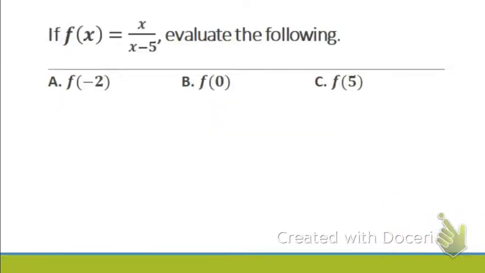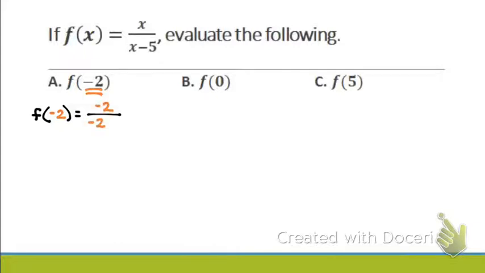I want to do some evaluating. What are they asking me to do here on part A? What does that mean? Negative 2 is part of the function. Insert -2 for x. Yes, we're going to insert -2 in the place of x, and then we're going to simplify as much as possible from there. So up in my numerator, I'm going to have -2.